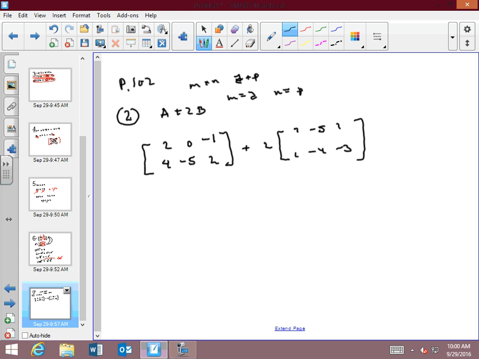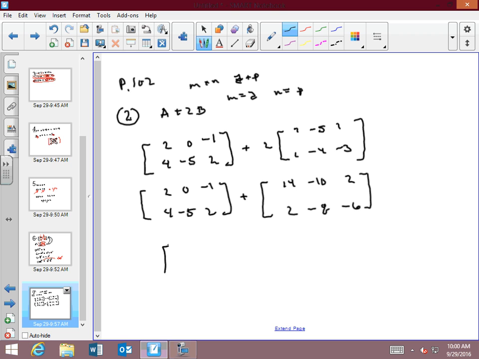Now we want to do that scalar times that second one. The scalar times it means we multiply every term: 14, minus 10, 2, 1, minus 8, minus 6. Now we add them together.